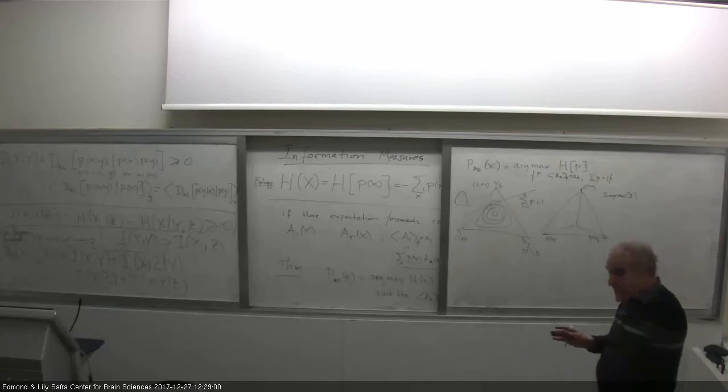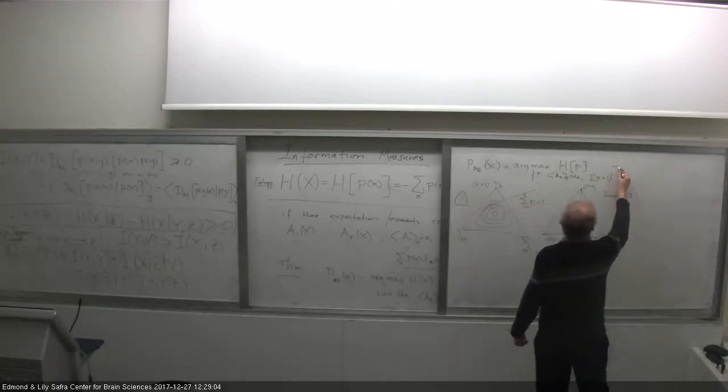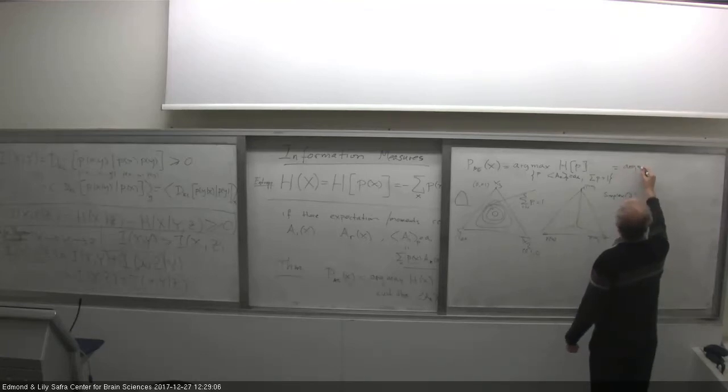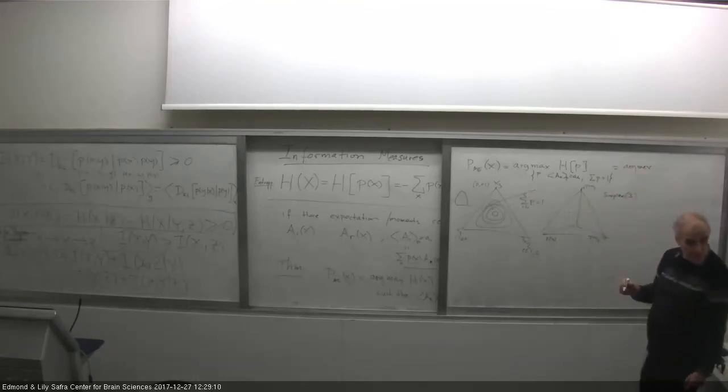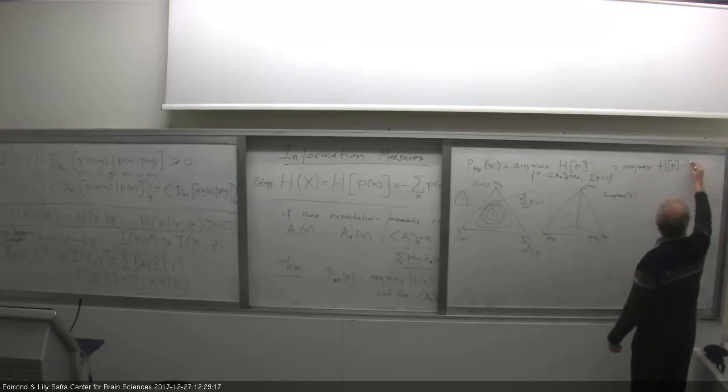So if you have constraints, constrained optimization, essentially what it's telling me is that this is equivalent to the argmax of what is sometimes called the Lagrangian of the problem, which is h of P minus some Lagrange multipliers times the constraints.